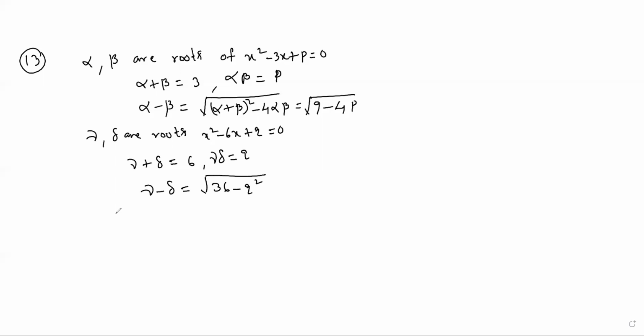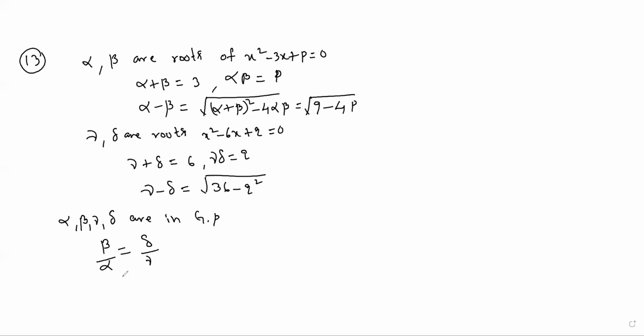We need to find this value when alpha, beta, gamma, delta are in GP. In a GP, the ratio between consecutive terms is equal. That means beta by alpha is equal to second term by first term, and similarly delta by gamma.